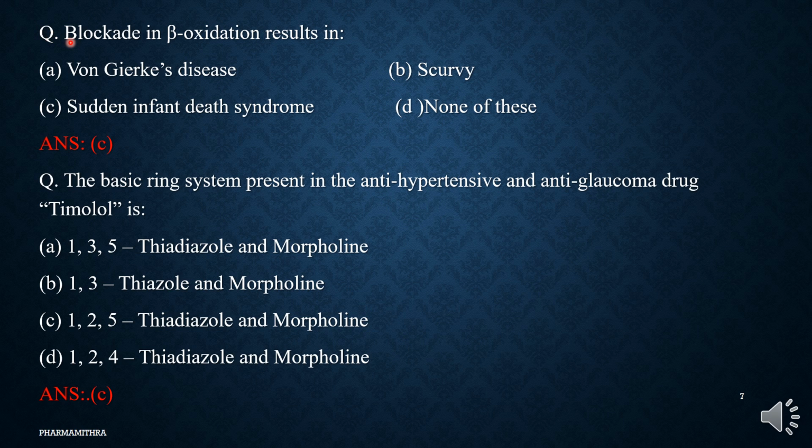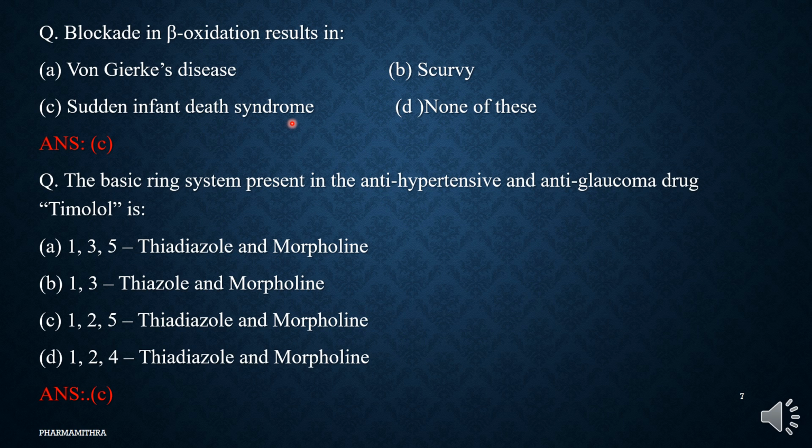Next question, the blockade in beta oxidation results in? We know beta oxidation is related to the conversion of fatty acids into acetyl-CoA, and a blockade in beta oxidation results in sudden infant death syndrome.